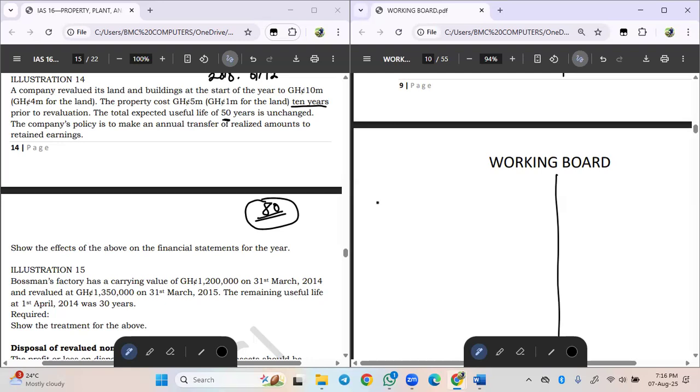So the shortcut I'm trying to teach you is what? The revaluation gain over the remaining useful life of that particular asset. That's the realized gain.